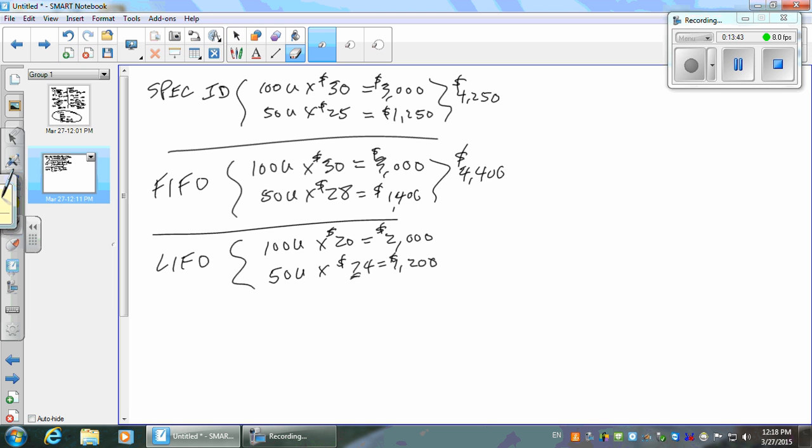Easy. It's not a bad problem so far. Okay. So 1,200 and 2,000 is 3,200. That's going to make quite a difference, isn't it? In the inventory value, therefore cost of goods sold, and therefore net income. Right?